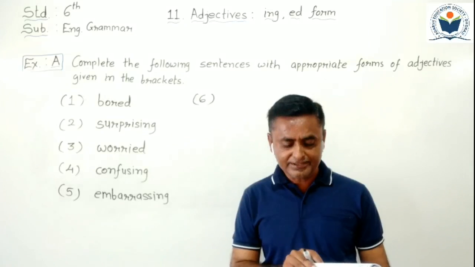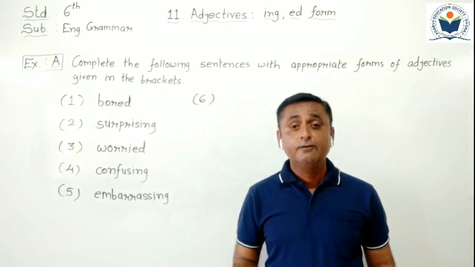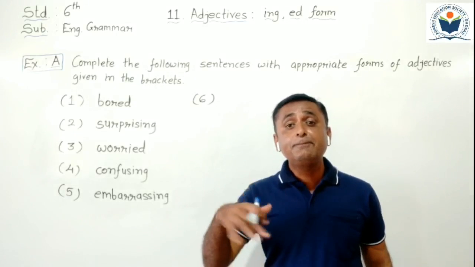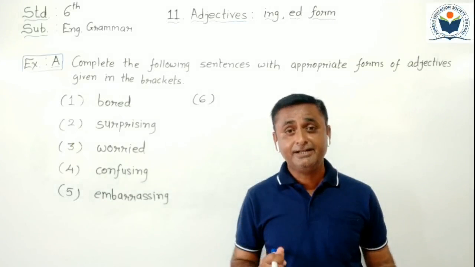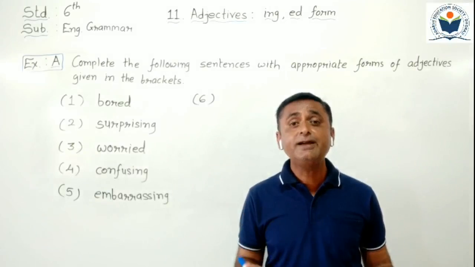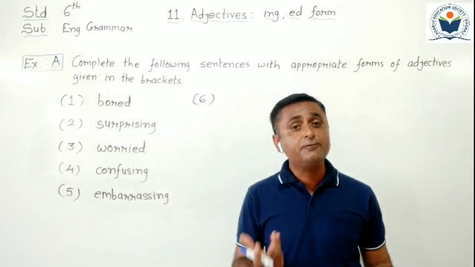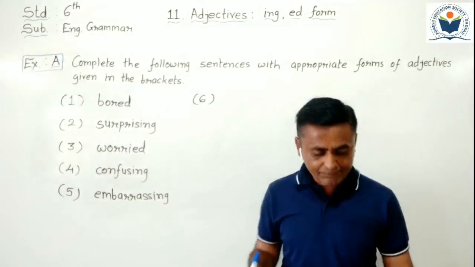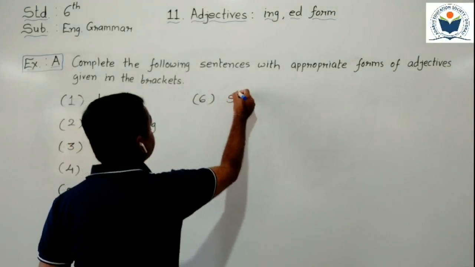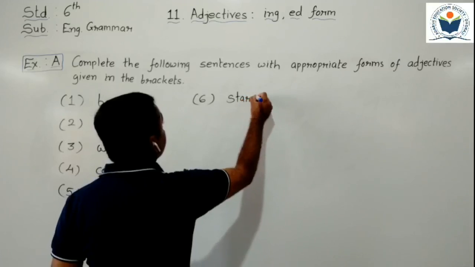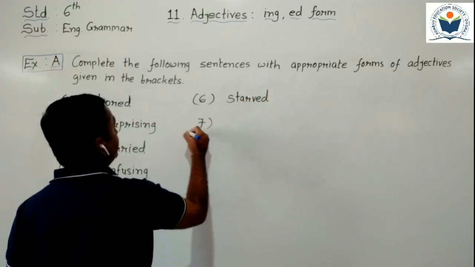Here we discussed the feelings and emotions of the boys in the factory. Whenever we discuss feelings, we use the ed form. So what do we put here? Starved. We have to write it in our blank.